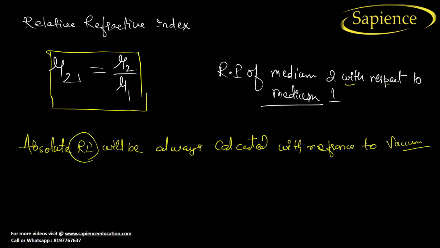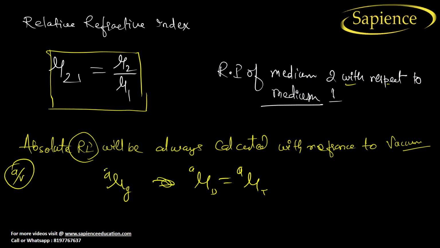What is absolute refractive index? Let us suppose I am comparing the refractive index of glass with air or a vacuum, the refractive index of diamond with air, and the refractive index of any other substance, turpentine, with air. Air or vacuum will give the same, because the speed of light in air as well as vacuum are the same.